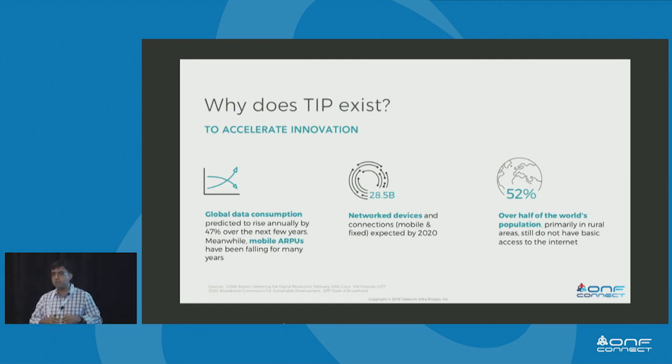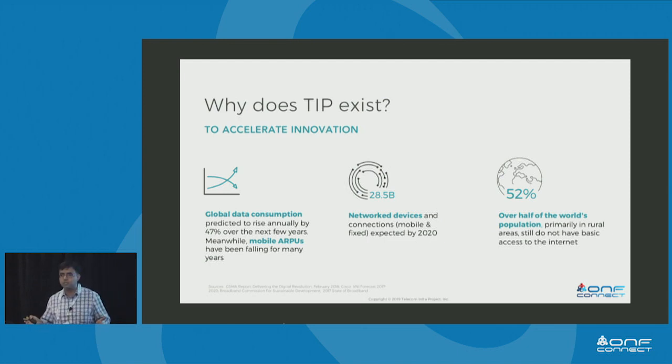At the same time, the number of devices on these networks is growing at an exponential pace, right? So it's not just data volume that's increasing, but actual numbers of devices that are increasing. And if you think about the world's population, there's only about 50% of the world's population that's actually connected to the internet. And how do you actually get the rest of that world's population that has not been connected so far? And there are reasons for that, because it's not economically viable.